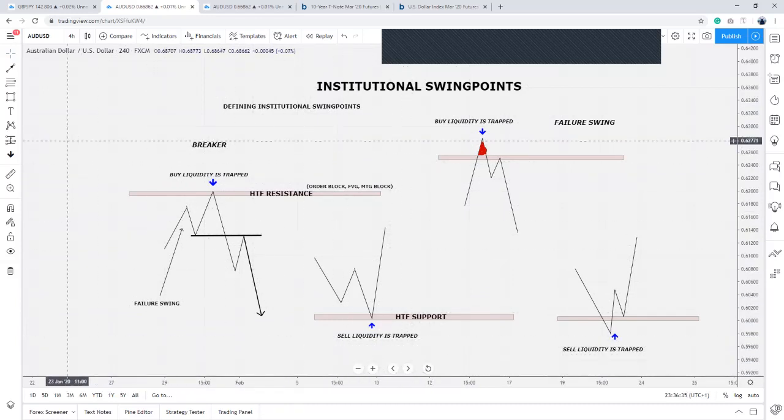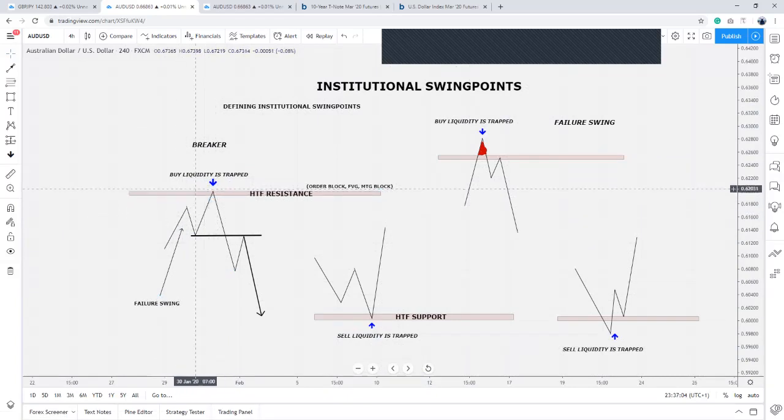Now, the second market reversal pattern in the marketplace is the failure swing. Okay, so now one thing about the breaker is the best setup you can get because the breaker gives you the most premium market and the most discount market. Because if you're actually able to get a move in line with the breaker at the top, you're getting that move where the central banks add your orders at.